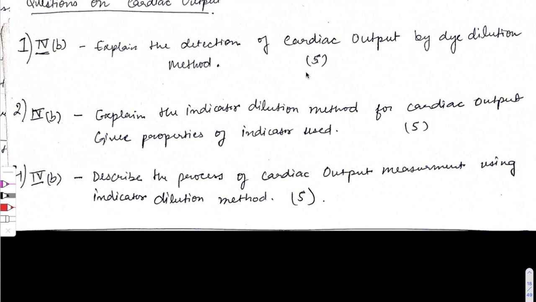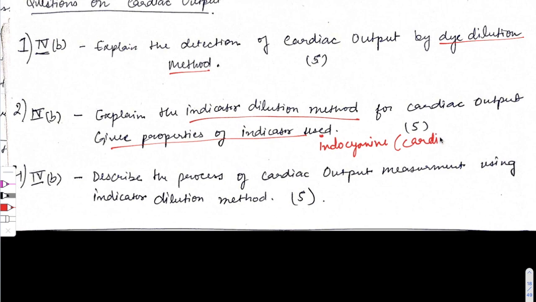Like, explain the detection of cardiac output by a dye dilution method. Here we have to explain the dye dilution method, and then explain the indicator dilution method, which we have covered for the cardiac output. Give properties of the indicator used, like indocyanine green or cardiogreen.